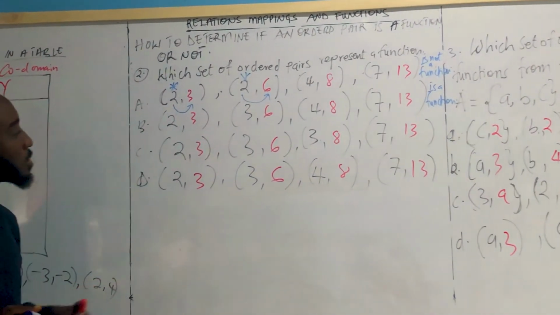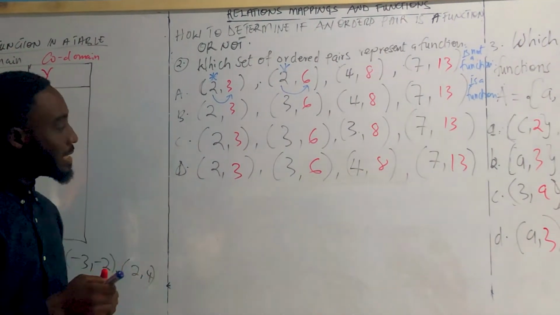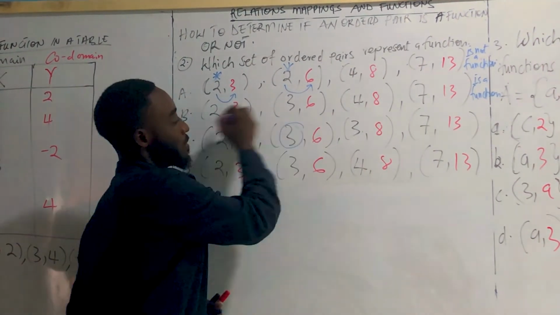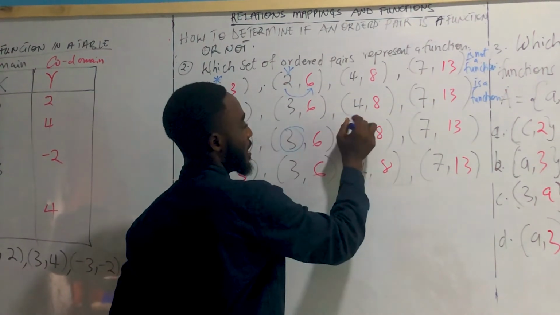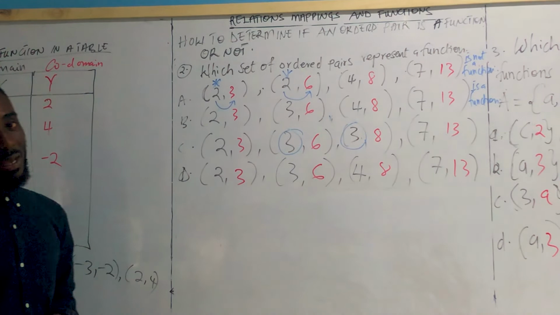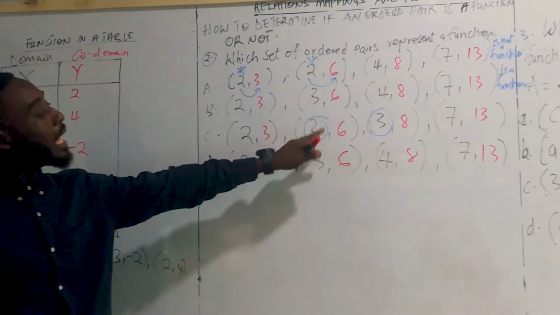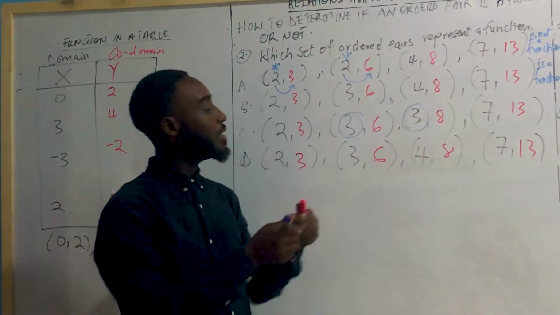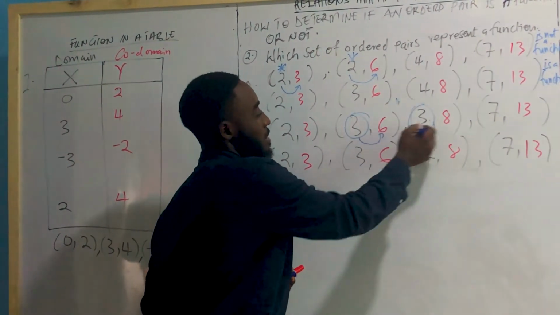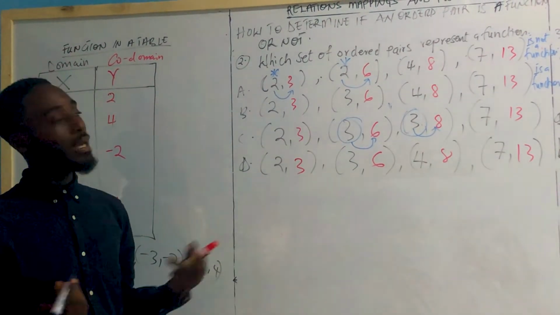The third one: (2, 3), (3, 6), (3, 8), (7, 13). Here, 3 maps to two different values, 6 and 8. So (3, 6) and (3, 8). Therefore, the third one is not a function.